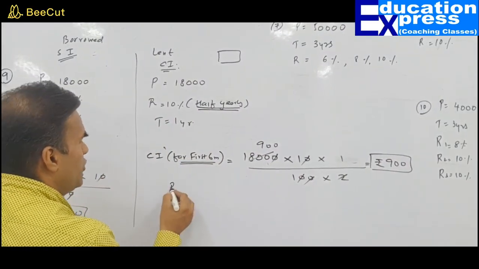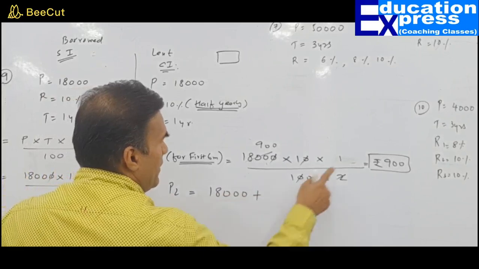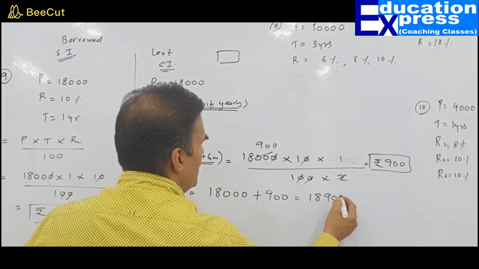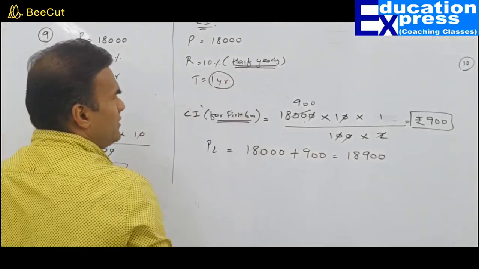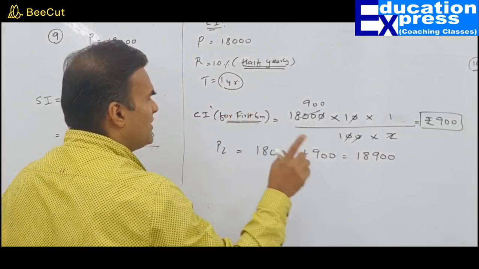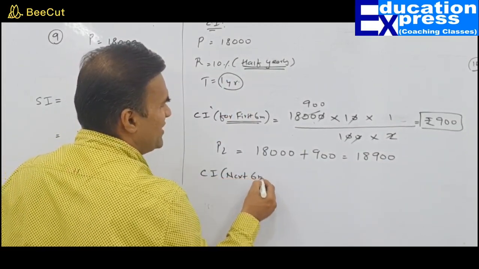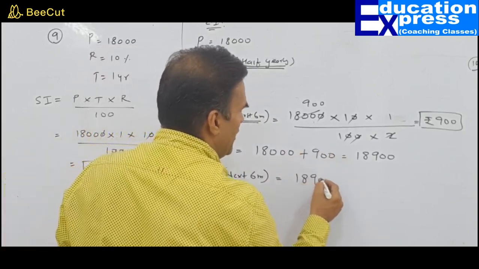What would be your P2? I started with 18,000 plus I got 900 as interest, so it becomes 18,900. Because the money was given for 1 year, I calculated interest only for 6 months. So compound interest for the next 6 months, of course on P2, 18,900.